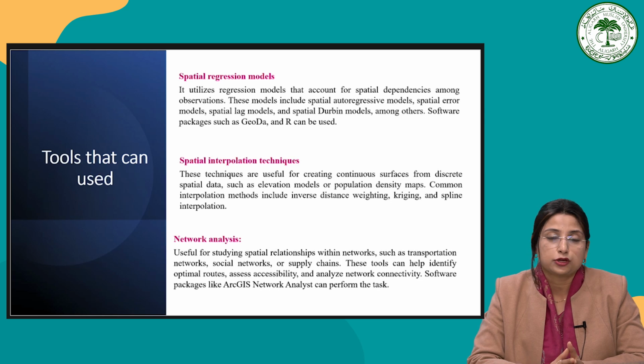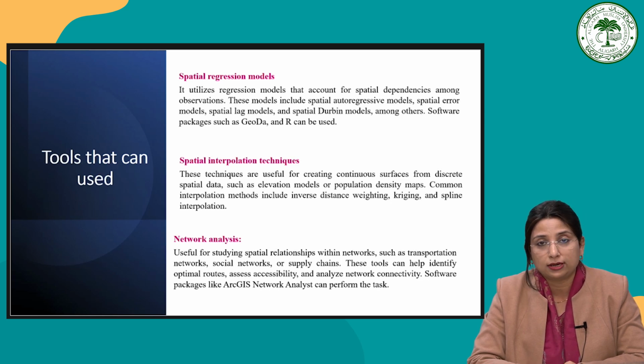Similarly, another tool is spatial regression models, which are also very important. Spatial econometrics generally utilizes various regression models that account for spatial dependencies among the observations we have.